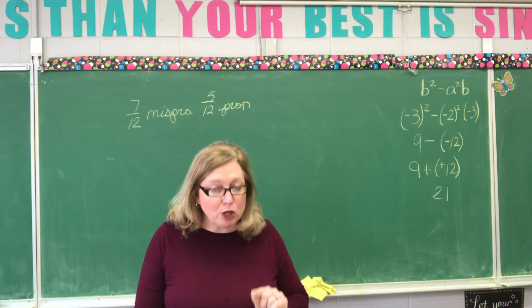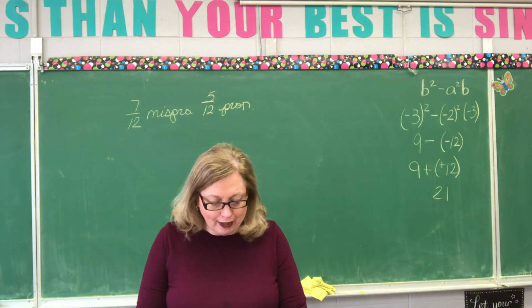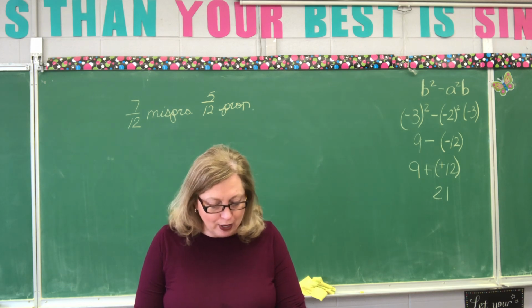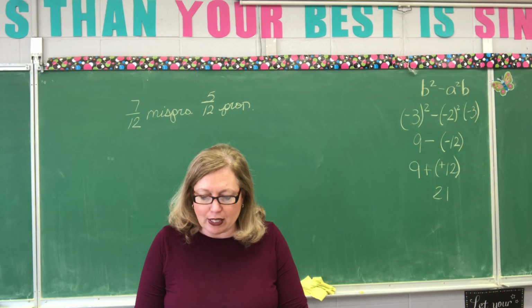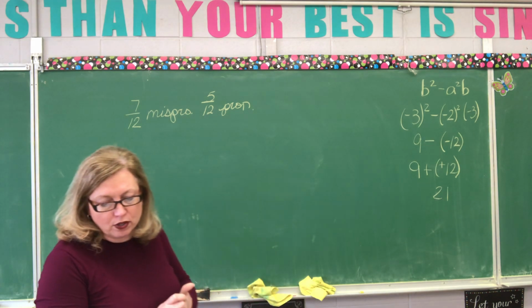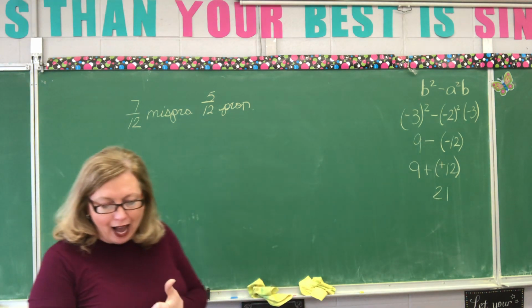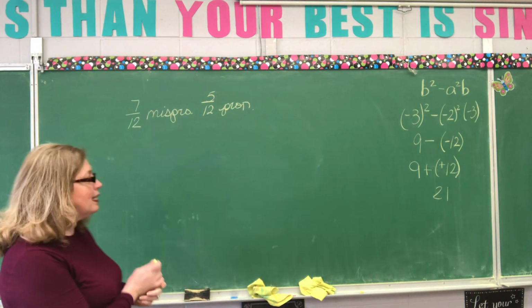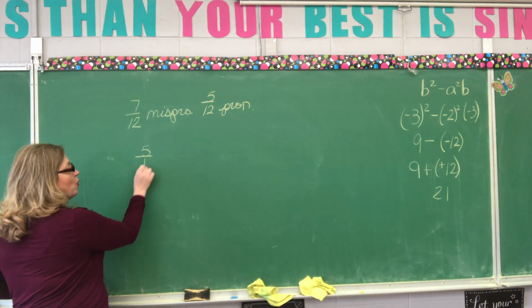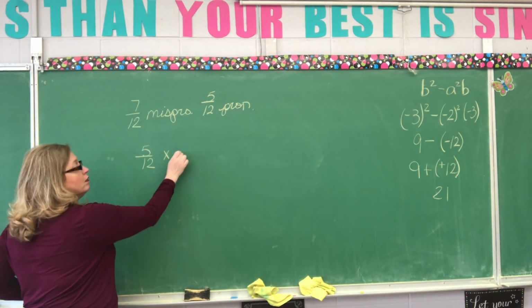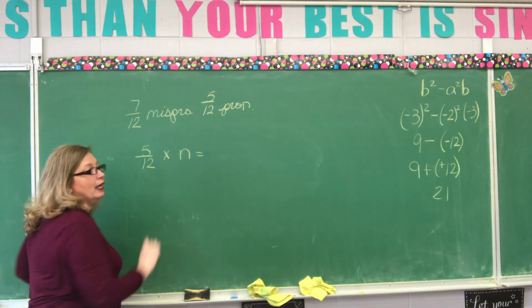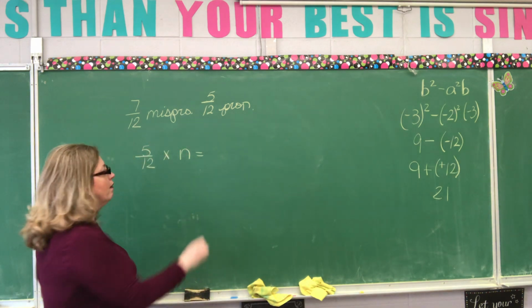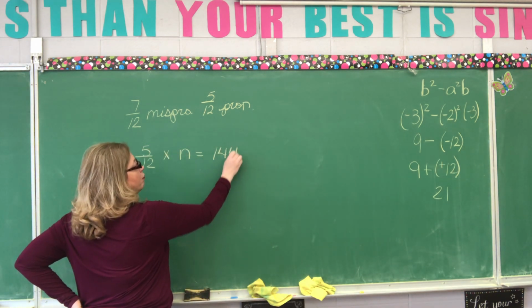So now go back and look at your story problem. 7/12 of the students mispronounced the word chic. If 1,440 knew how to pronounce the word, how many mispronounced it? Okay? So what we're going to say, if 7/12 of them mispronounced it, 5/12 of them pronounced it correctly, we're going to say that 5/12 of some number equaled 1,440.